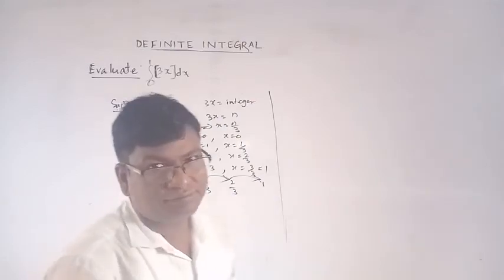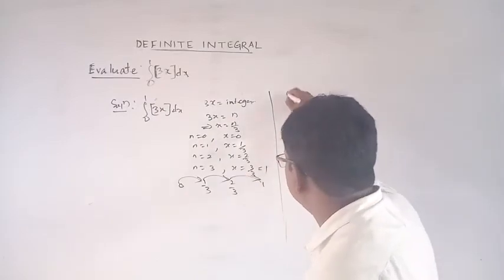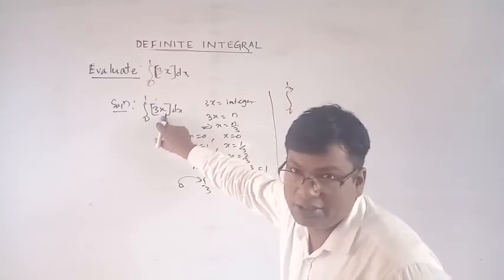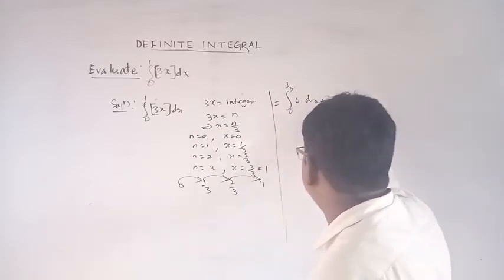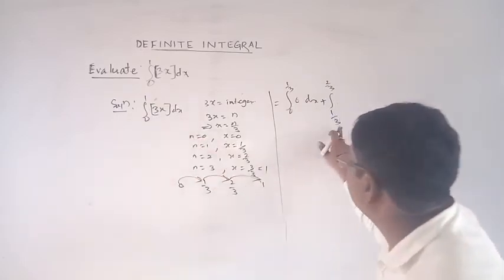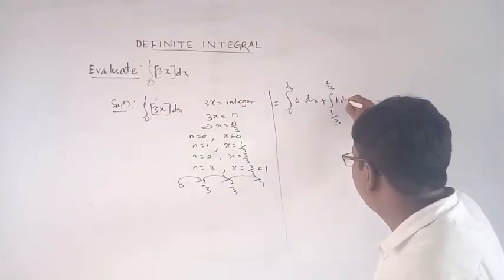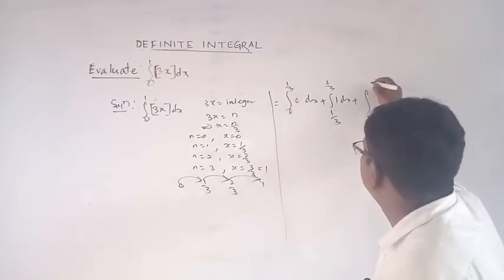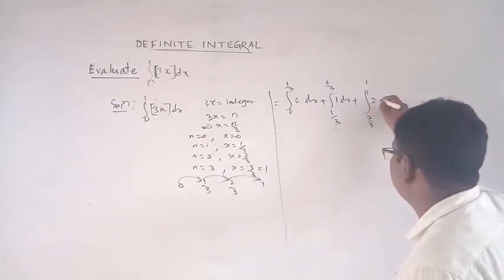Write the limits: 0 to 1/3, lower limit 0, so the greatest integer is 0, dx. Plus 1/3 to 2/3. At the lower limit 1/3, 3 into 1/3 is 1, so 1 dx. Then 2/3 to 1: at 2/3, 3 into 2/3 gives 2, so 2 dx.